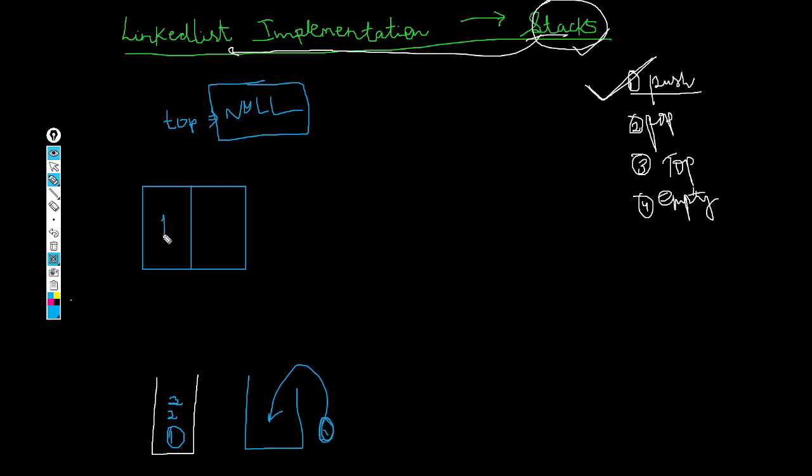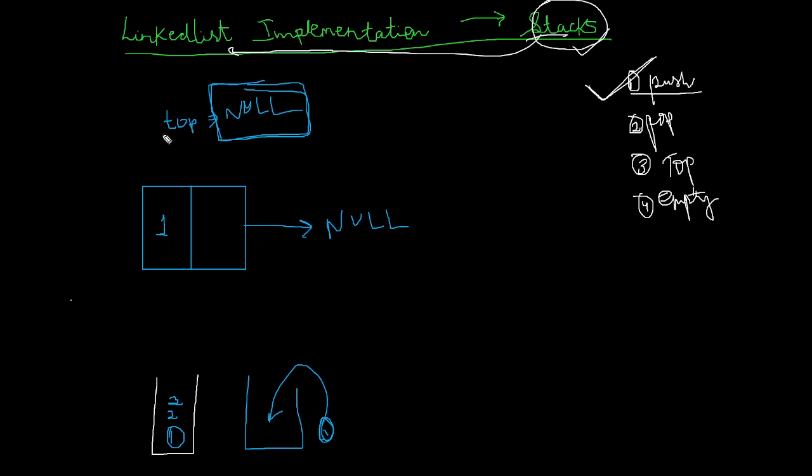Like, this is the data part and this is the next pointer, which will store the address of the next node. So this will be 1, right? And now we'll make this address part point towards the top pointer. So this will be pointing towards what the top pointer is pointing to, that is null, right?